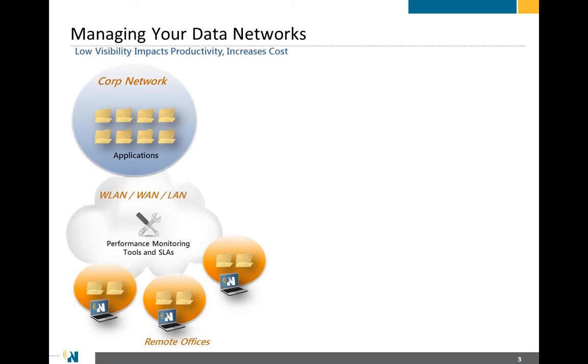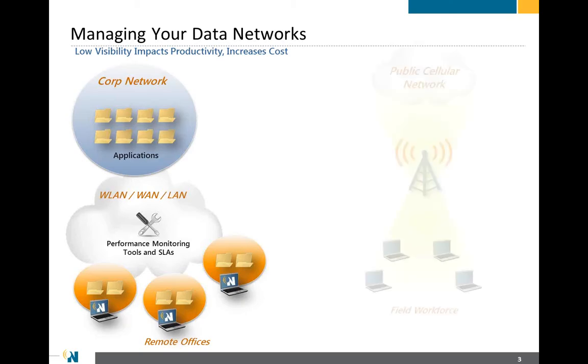And today, there are a lot of tools that exist to really monitor the performance of those networks. There's many products out there, some even hosted, some as appliances, that will really give you a view of that network and how well those applications are performing. In some cases, you may even have an SLA with some outside vendor in terms of that performance.